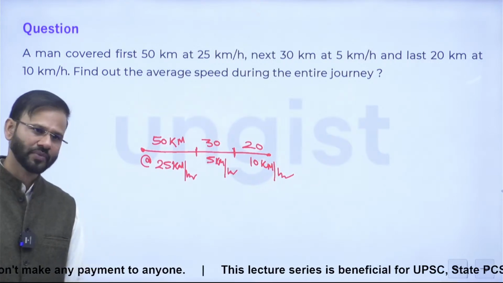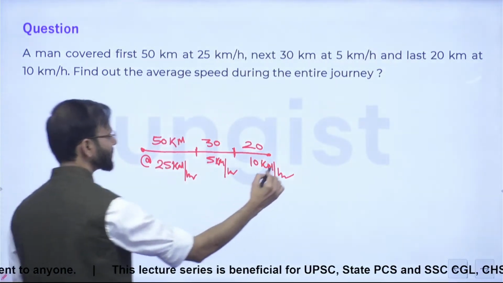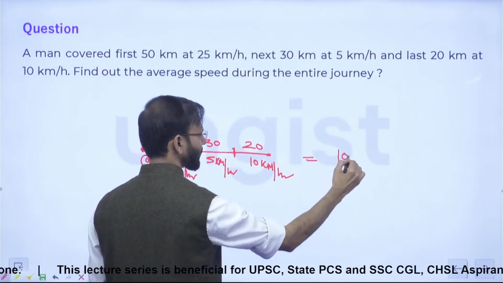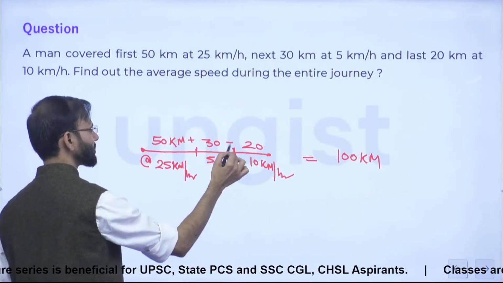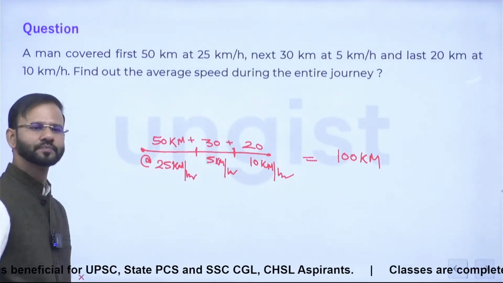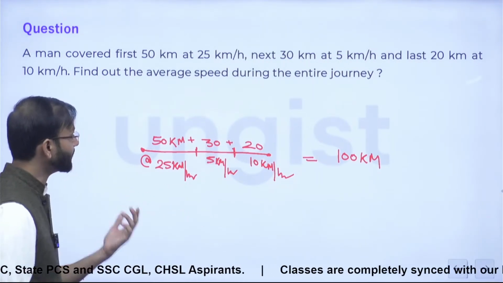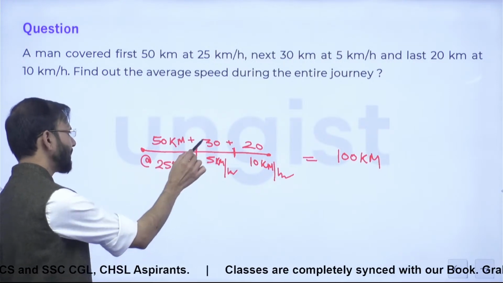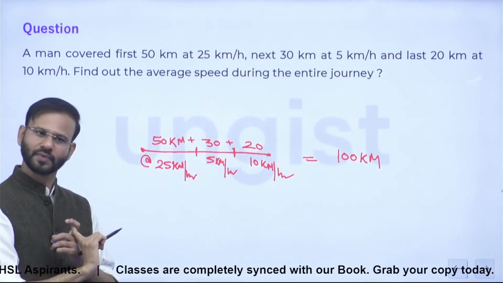All of you, fine. Now, total distance is what? 100 km, like 50 plus 30 plus 20. This is the total distance covered, right, everybody? And the time taken for this part, time taken for this part, and time taken for this part will be added. Correct?